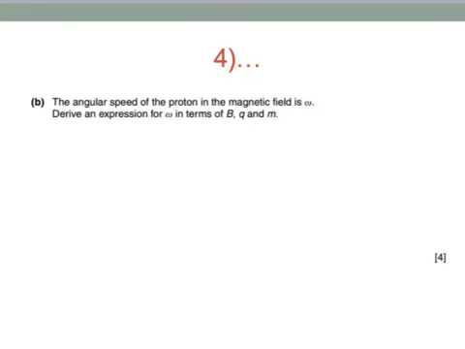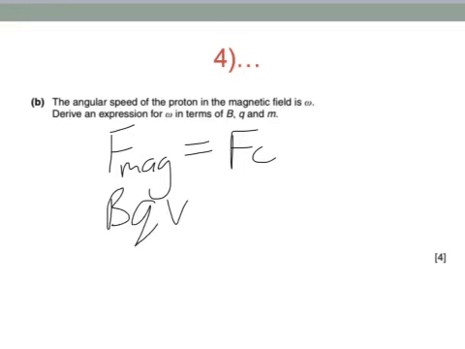So, question 4 continued. The angular speed of the proton in the magnetic field is omega. Derive an expression for omega in terms of B, Q, and m. So once again, we start with the force of the magnetic field must be equal to the centripetal force effect in this case. So we have BQV equals, now we want to use, of course, the form of the centripetal force involving omega.